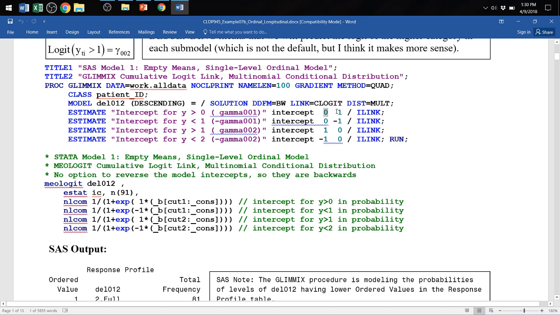So I am asking for the intercept for the submodel predicting y greater than 0. This is the logit of a 1 or a 2 instead of a 0. If I put a -1 there, it's predicting the red side instead. It's the logit of 0 instead of 1 or 2.